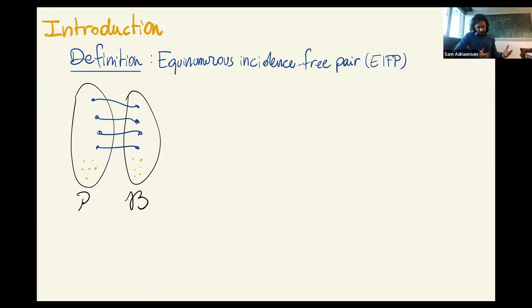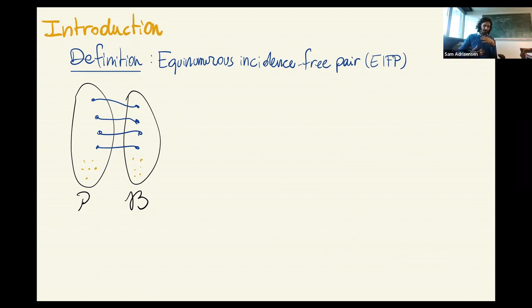If you start to study these edge dominating sets from this perspective, then if the number of points and blocks are very far from each other, the problem becomes quite trivial. If the number of blocks is very large compared to the number of points, then the edge domination number will be either the number of points or maybe the number of points minus one, but it's quite trivial to study it in those cases.